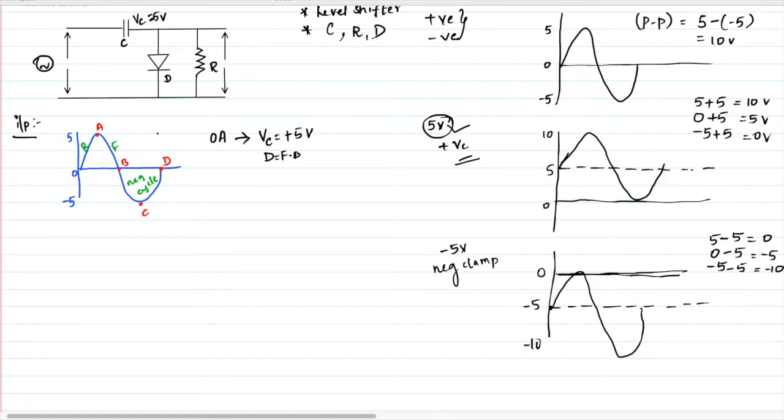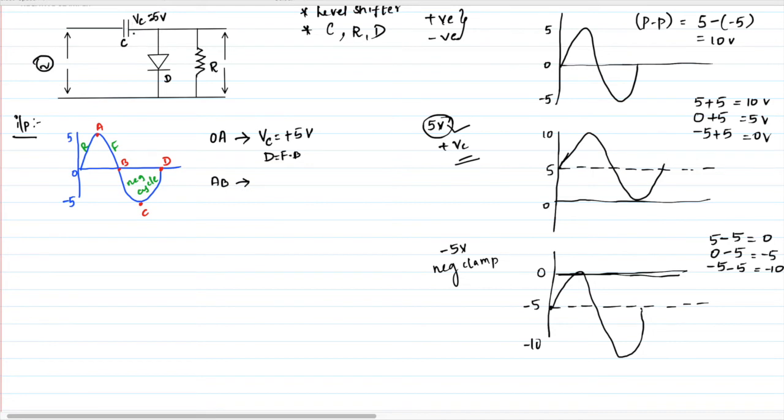Okay. Now for A to B, this is a falling signal. So when you apply a falling signal, obviously the capacitor will start discharging because the input value is becoming less, 5, 4, 3, 2, 1, 0. The applied input is getting decreased step by step, so the capacitor will start discharging.